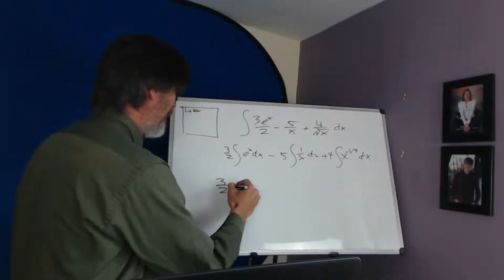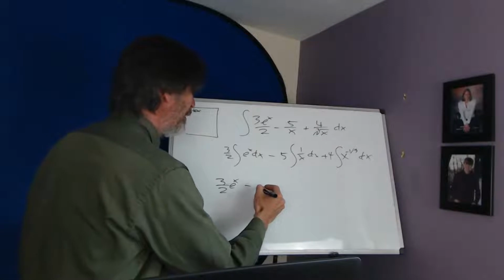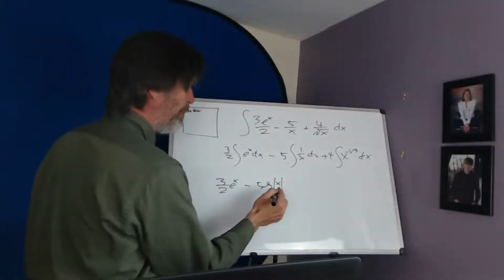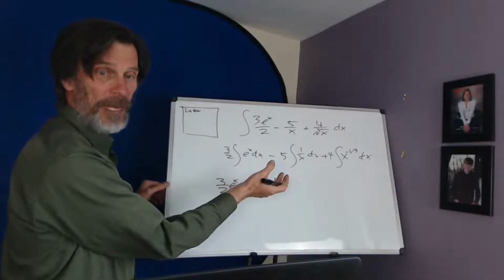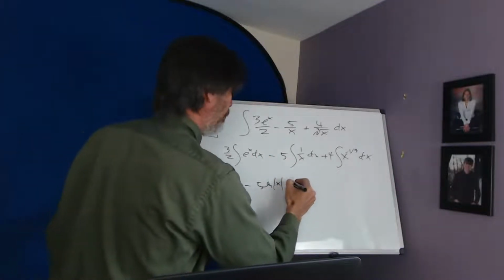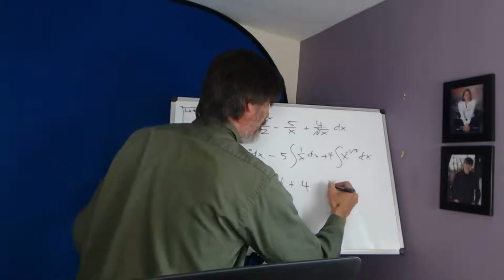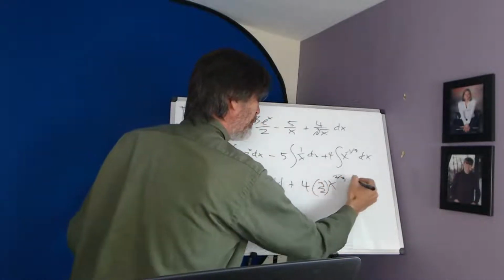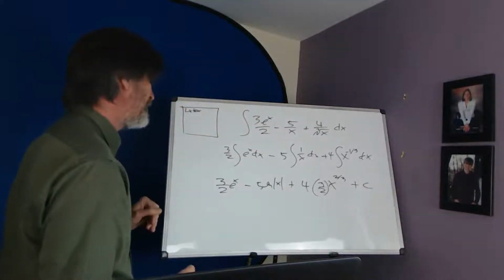So this is 3 halves e to the x minus 5 natural log absolute value of x. The absolute value sign, by the way, is on that first menu. You can find it easily. Plus, let's see, 4, keep the x, raise the power by 1, multiplied by the reciprocal of the new power, and then add c.